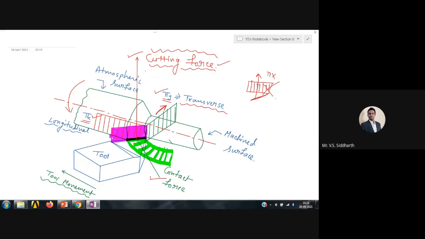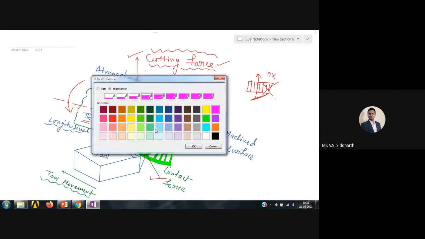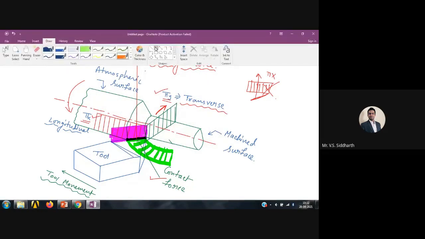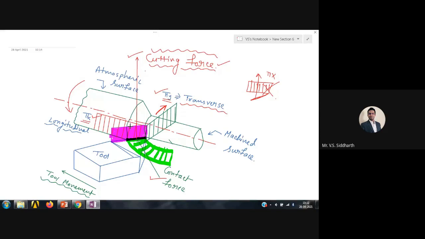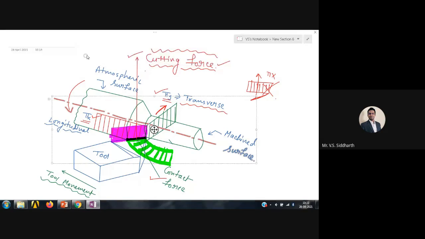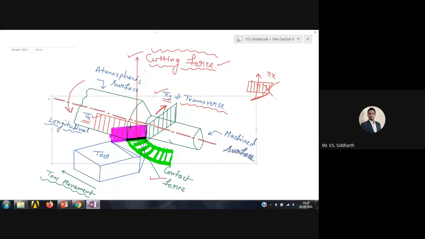And one plane will be perpendicular to the side cutting edge. One plane will be perpendicular to the side cutting edge like this.